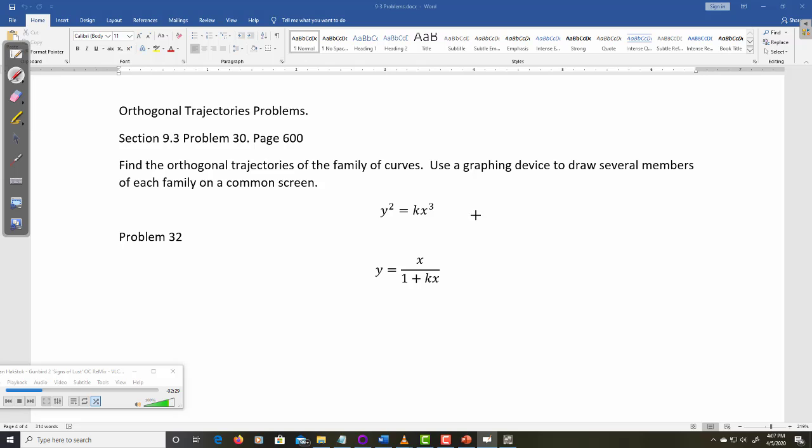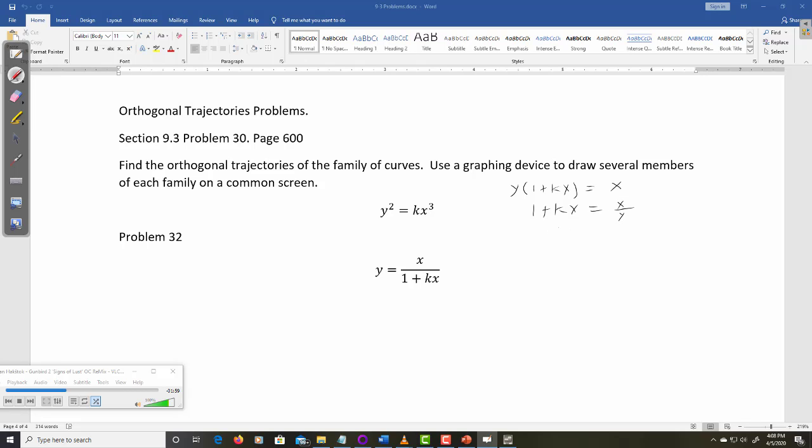I already screwed this up once, and I'm starting over, so hopefully this attempt will go better. So let's go ahead and start off by solving for k, because we'll need that later. Let's see, y times 1 plus kx equals x. Divide by y. 1 plus kx equals x over y.